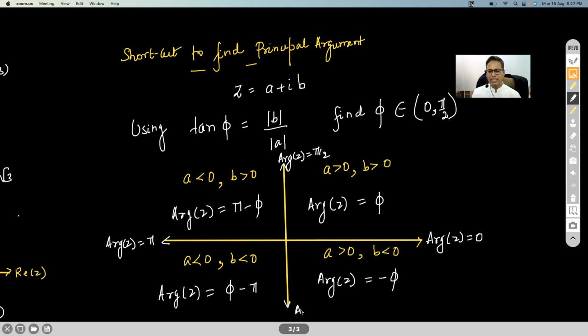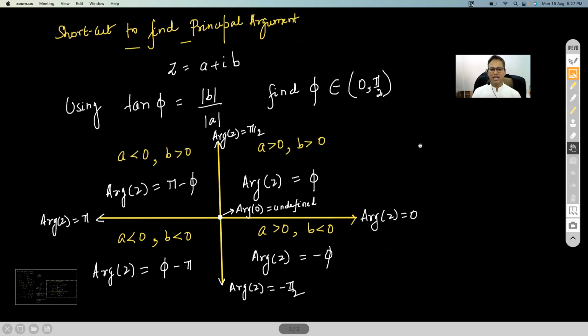If it falls on the negative imaginary z-axis, your argument will be minus pi by 2. And if it is at the origin, that means your complex number is 0, then the argument is undefined. Okay, so these are the things you need to keep in mind. So let us utilize this formula to get our arguments.